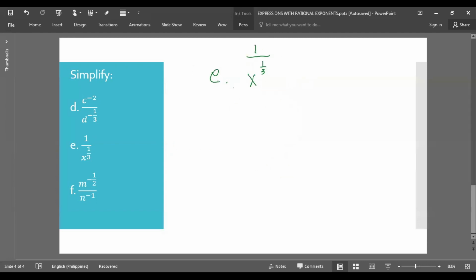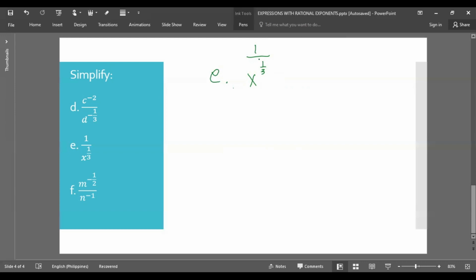Let's have letter E, 1 over x raised to 1/3. So how are we going to simplify this expression? As you can see here, there is a fractional exponent in the denominator. And sabi nga natin, bawal yun. So we have to get rid of this fractional exponent in the denominator.